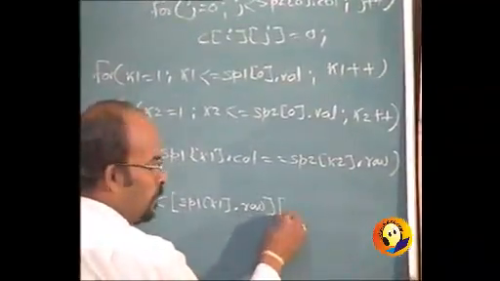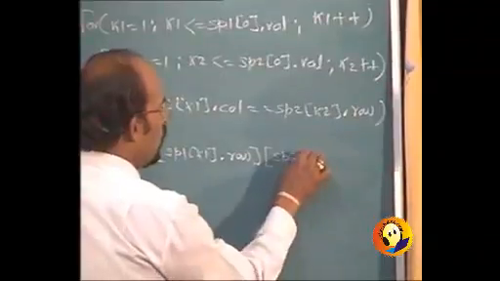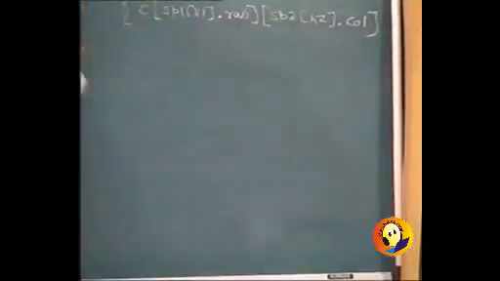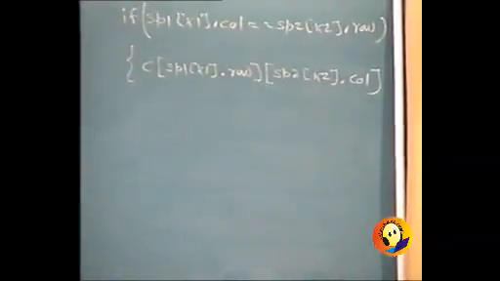This is row number. Column number will be sp2 square bracket k2 dot column. This is the position in array C. Like here it is 0, 1 position. And in that 0, 1 position, what should I add? The product of these two values.